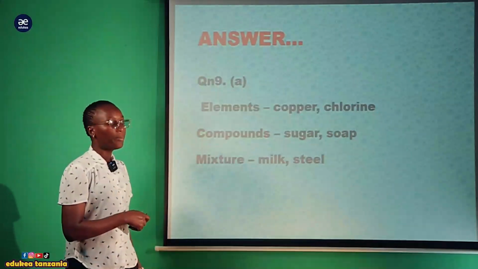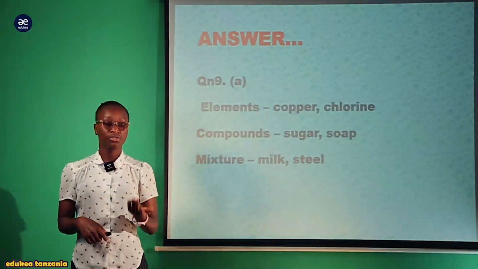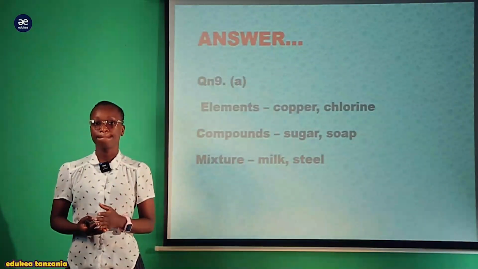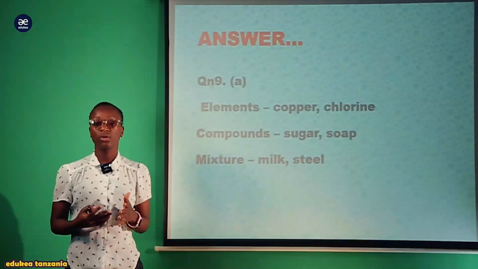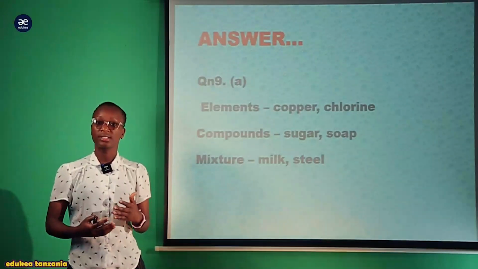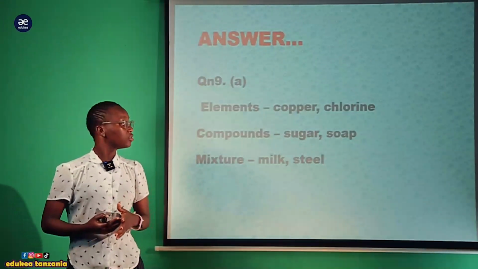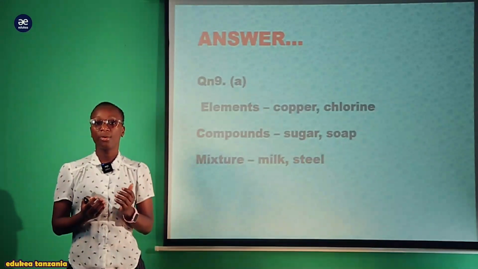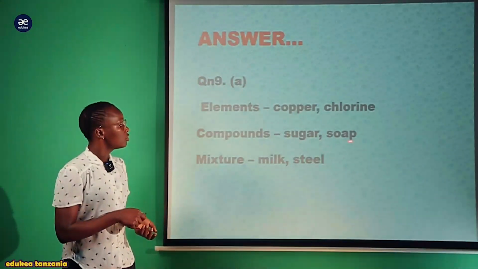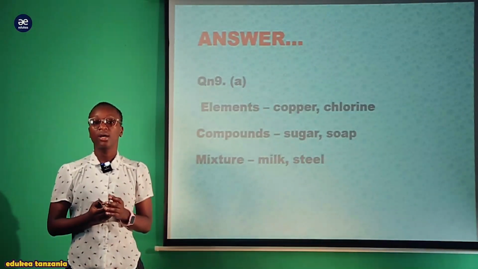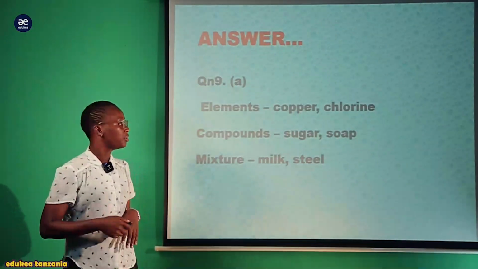But tunapokuja kwenye compound, tulikuwa na component of sugar, tulikuwa na component of soap. So these are the compounds. Kwa sababu tunavyoongelea compound, tunaongelea ile combination of two or more substances ambazo zinakuwa katika defined ratio. So you can see that sugar is a compound. But also the soap imekuwa ni substances zimecombine together kutengeneza hiyo compound ambayo ni soap au sugar.